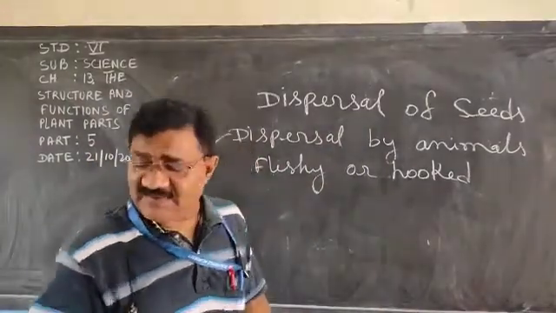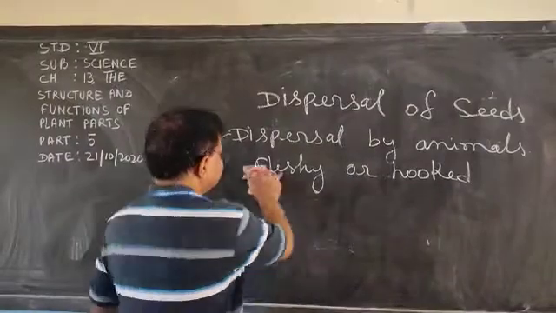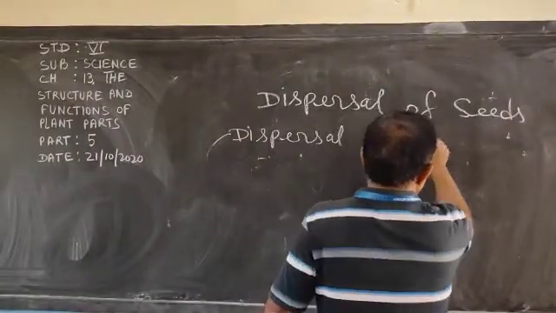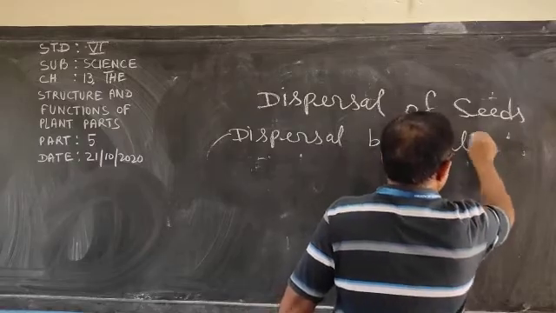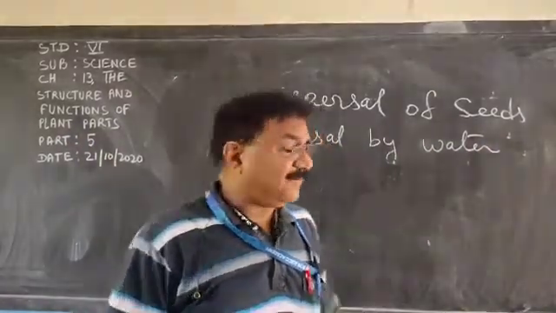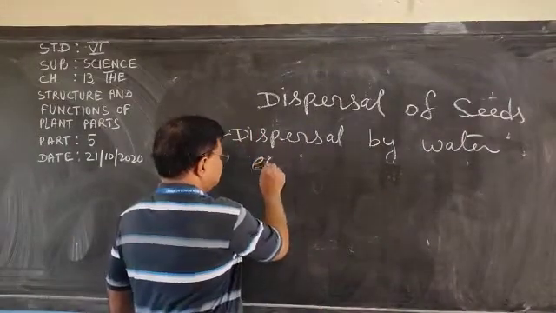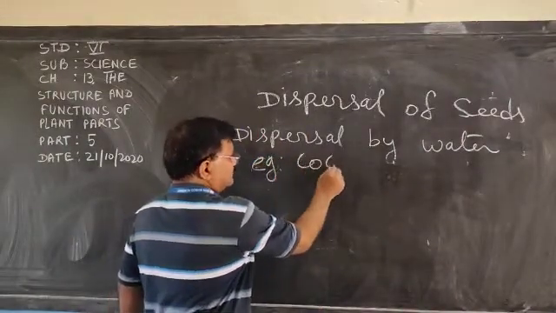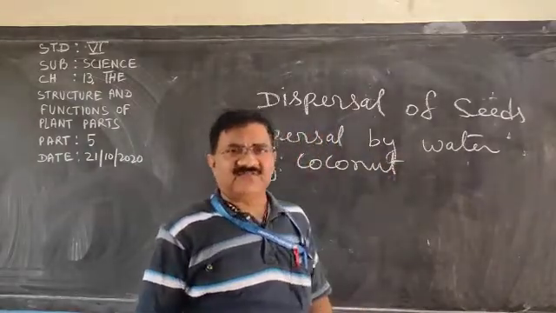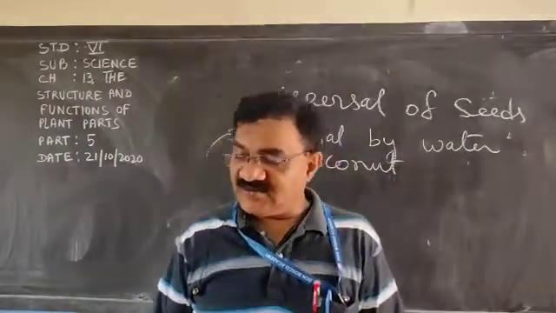Next is dispersal by water. What are the characteristic features? Example is coconut. The coconut seeds are dispersed by the water. Okay.